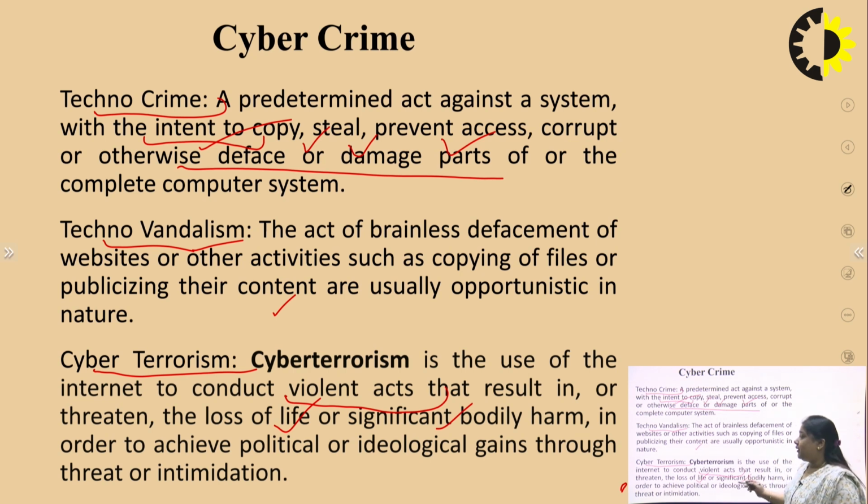So this is called cyber terrorism. If it is used to threaten somebody or for extortion purposes, then it comes under cyber terrorism.